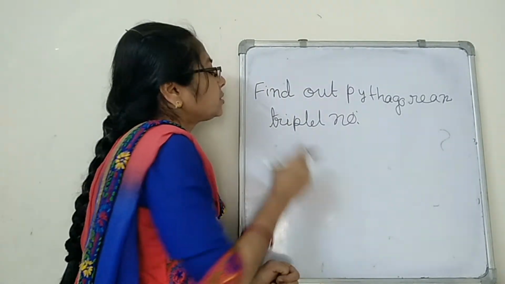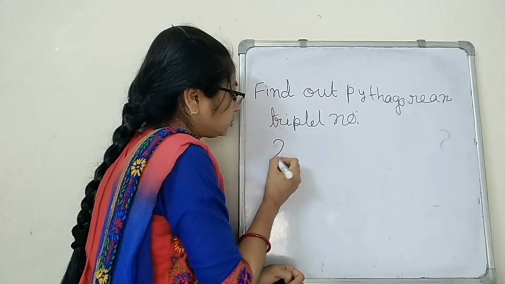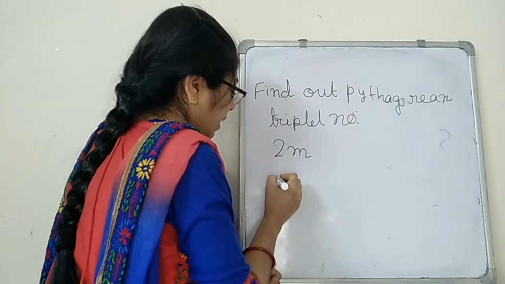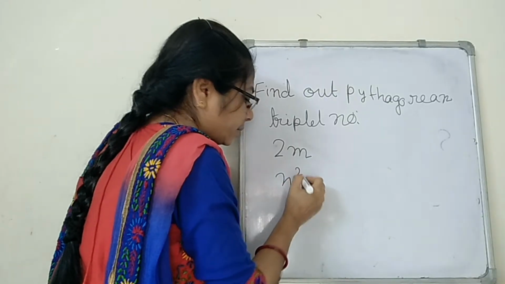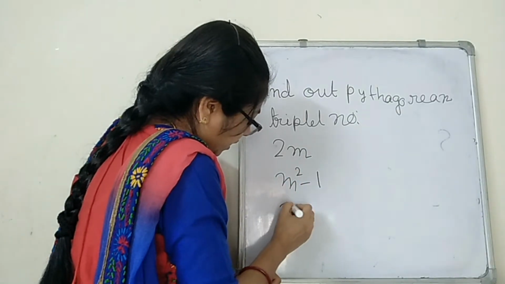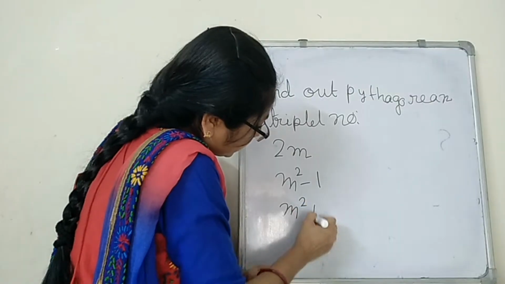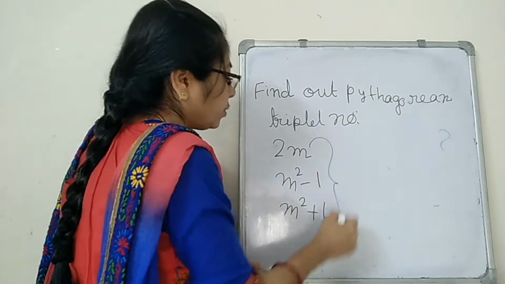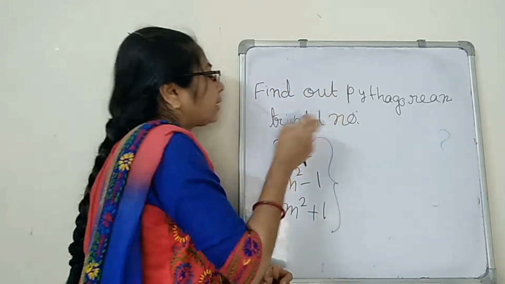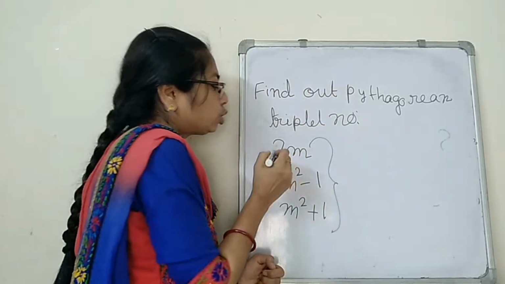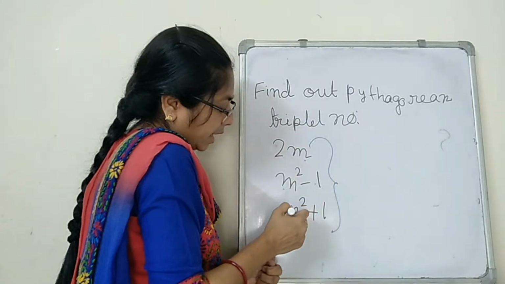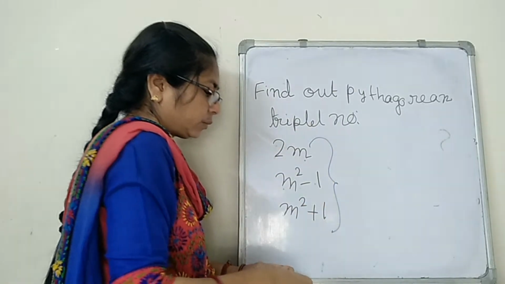In the Pythagoras triplet numbers, we do it in 3 ways: 2m, m square minus 1, m square plus 1. In this way, we find out the Pythagorean triplet number. 2m, m square minus 1, m square plus 1. Okay?